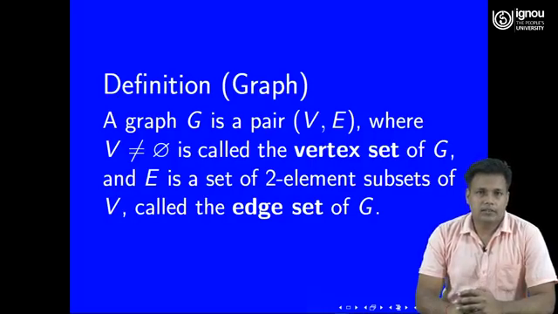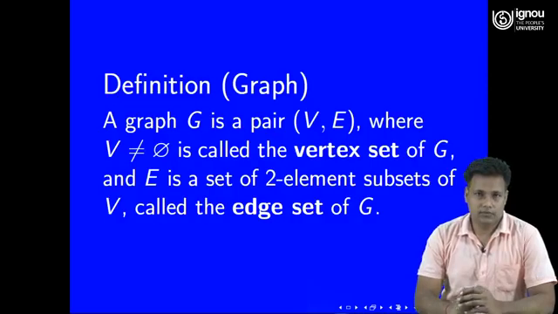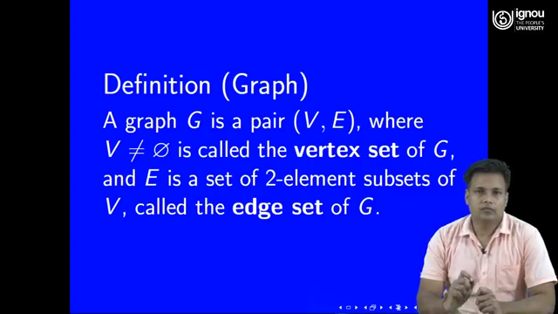Now 2 element subsets of V means E is a collection of unordered pairs of the elements of V. So each edge has 2 endpoints, namely vertices of G.